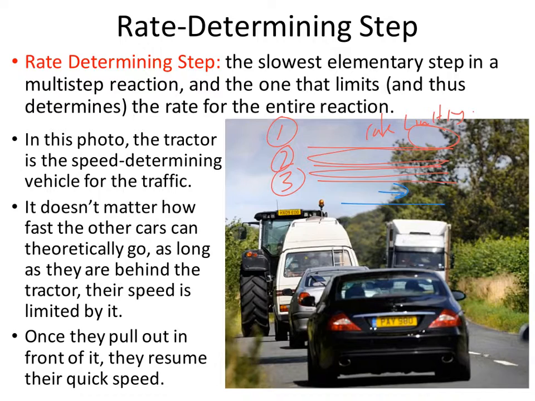So these steps 2 and 3 can be very, very quick, but they're all depending on the formation of this product. Once this product is made, it's going to be used to form a new product, and then take that product and form a new one. We're all waiting on this product over here. So the rate limiting step is the one that really controls the rate of the overall reaction.